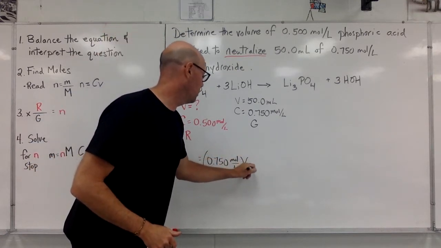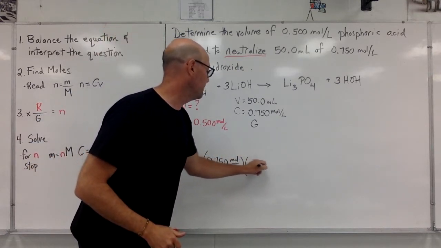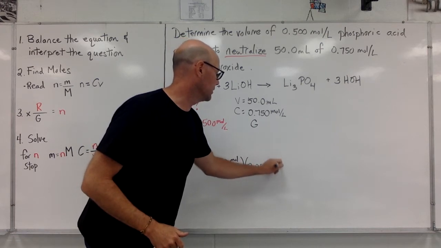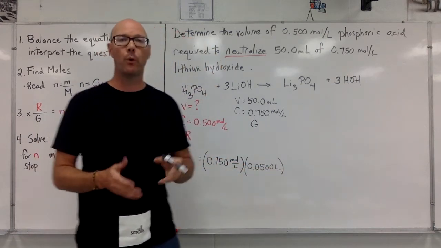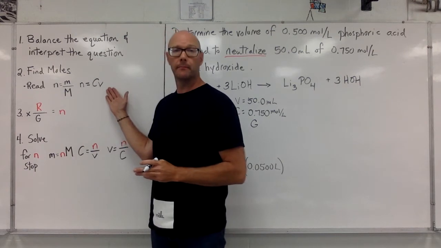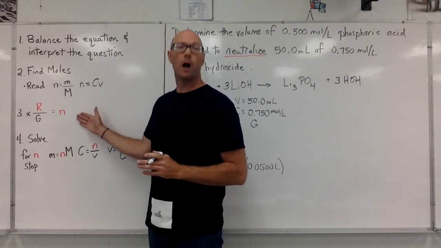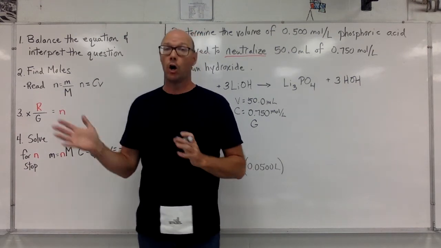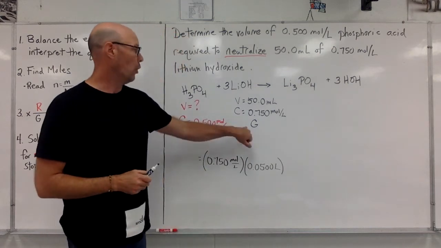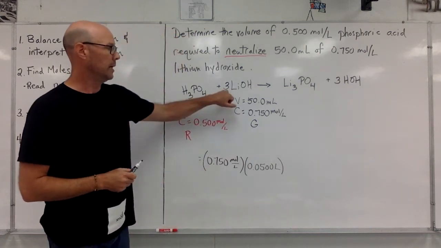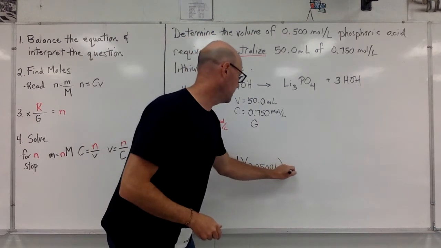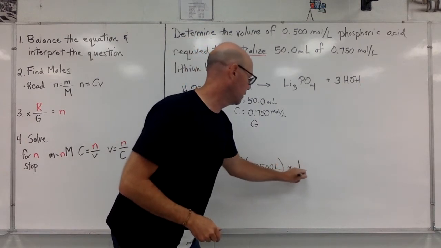That's 0.0500 liters. Find the moles using this new formula. Then multiply by R over G. R over G the same as ever, R over G. R1, G3, times 1 over 3.